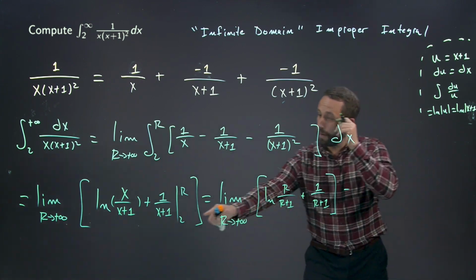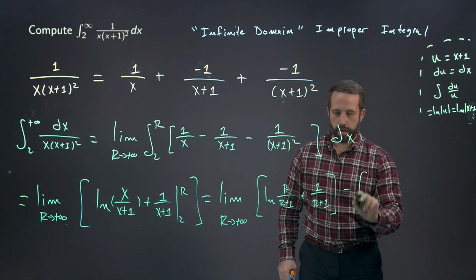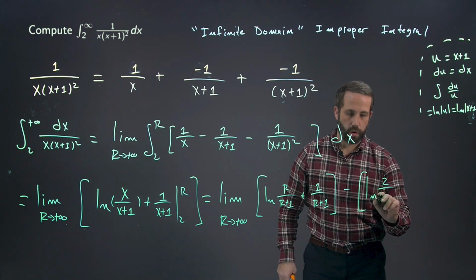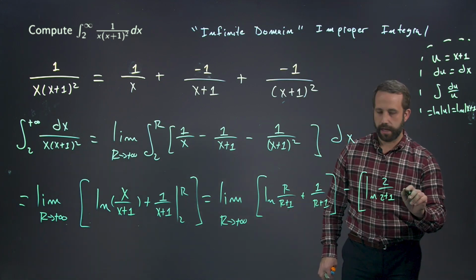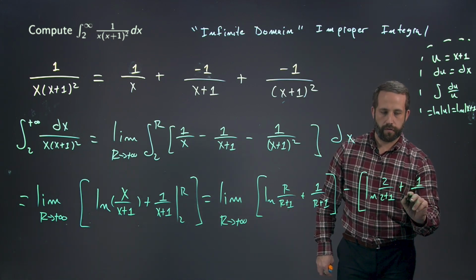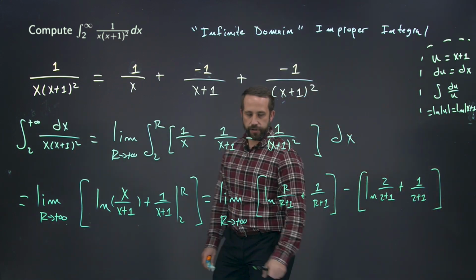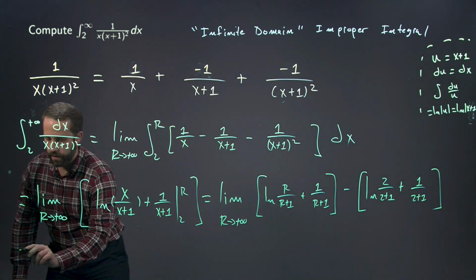Okay, and then minus, I'm going to plug in x is equal to 2, and I'm going to get natural log of 2 over 2 plus 1. Of course, that's 3, plus 1 over 2 plus 1. Of course, that's 1/3.